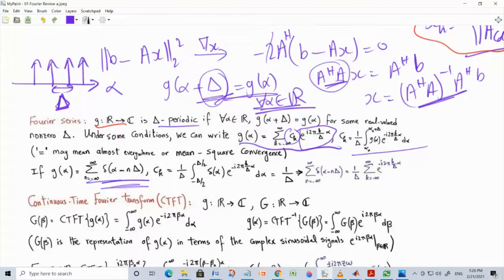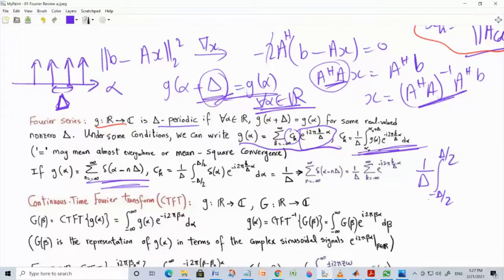If we now wear our engineering hats and we just pretend that it is a normal function, we apply the formula for the Fourier series to it. So it is a periodic function with period delta. So I suppose that we can do this Fourier series to the train of Dirac deltas. The coefficients will be 1 over delta, and then you integrate from minus delta over 2 to delta over 2.